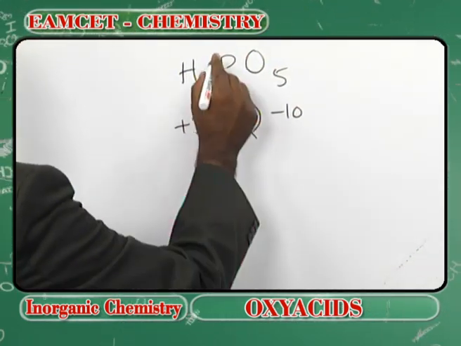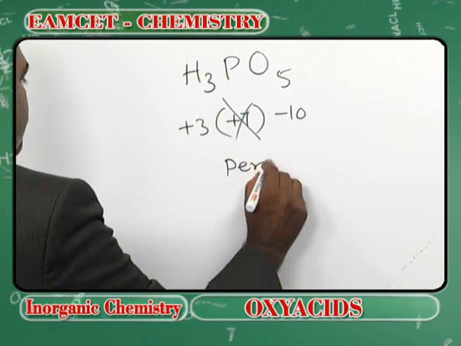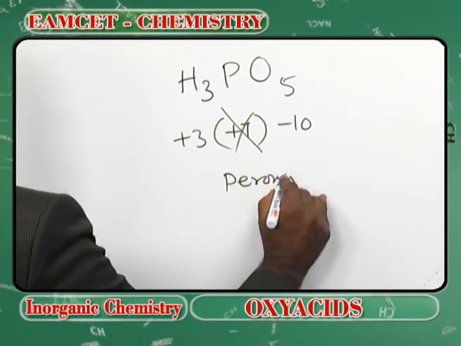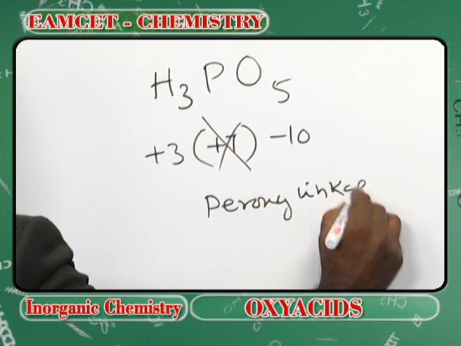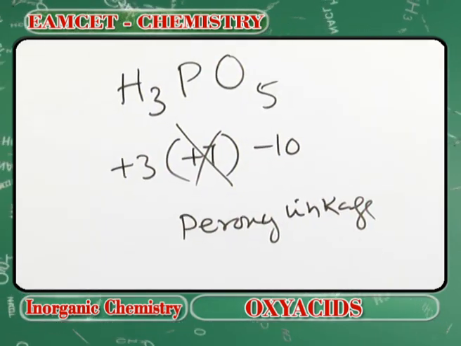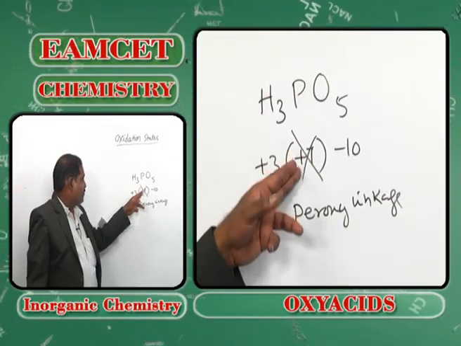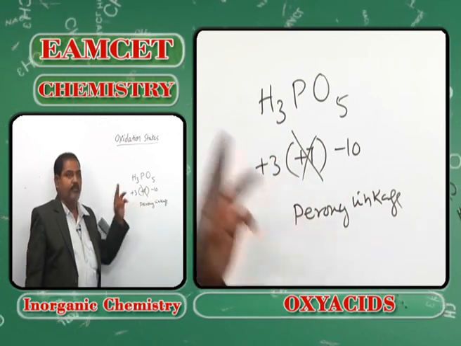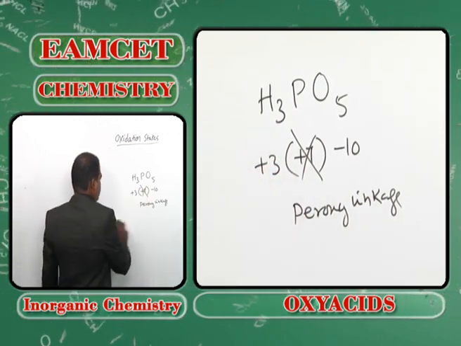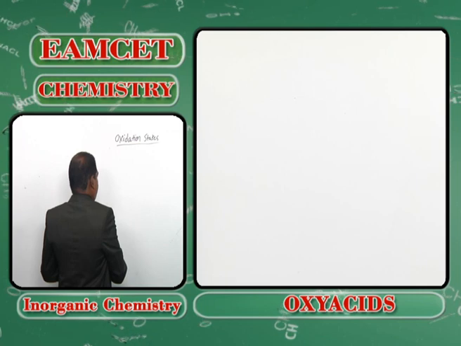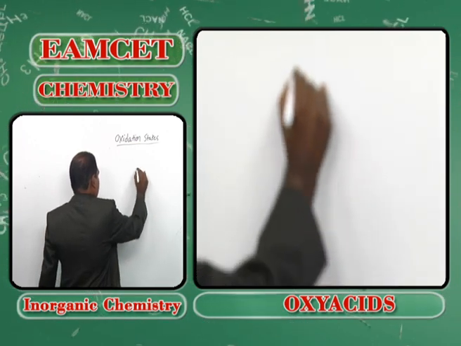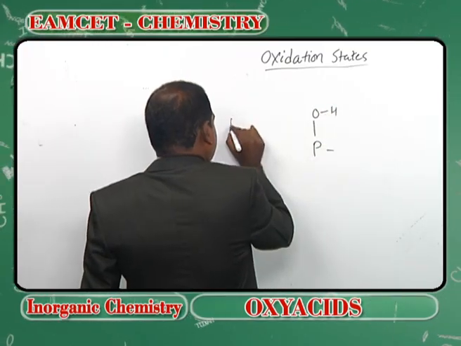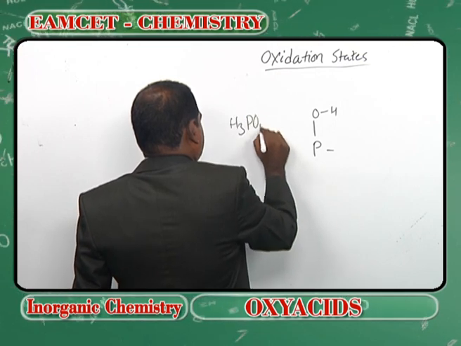So it contains a peroxy bond. Peroxy linkage is there. Why did I say that? Because I got plus 7 for phosphorus, which is impossible for phosphorus. Right. So H3PO5, how to draw the structure?